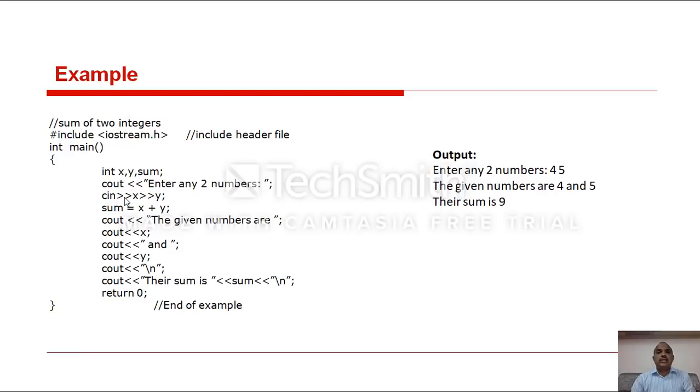It inserts the contents of the variable on its right into the object on its left. Cout is a predefined object that represents the standard output stream in C++. Here the standard output stream represents the screen. The insertion operator, the double less than operator, can be overloaded.